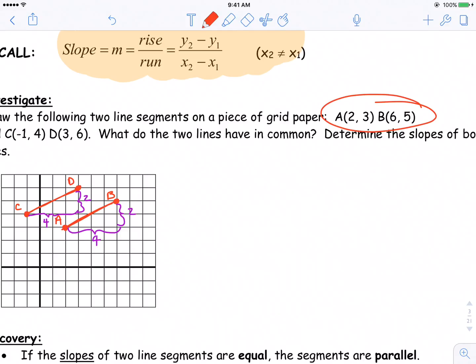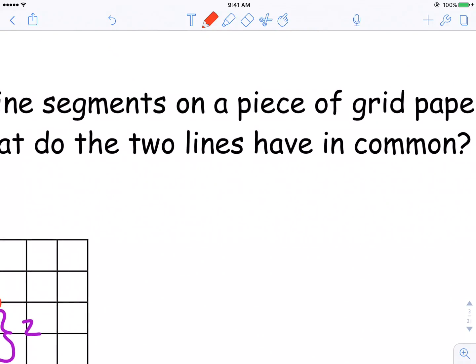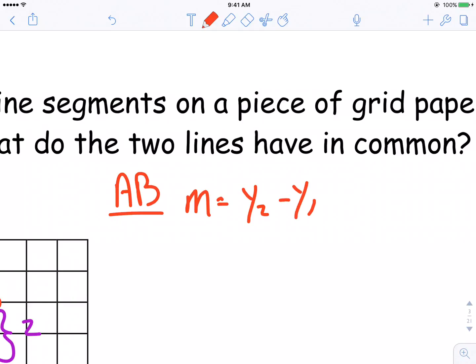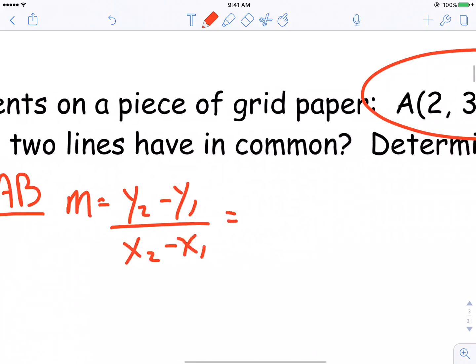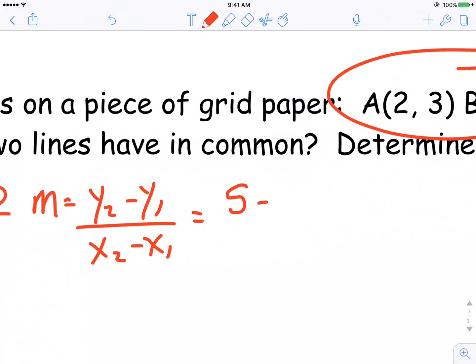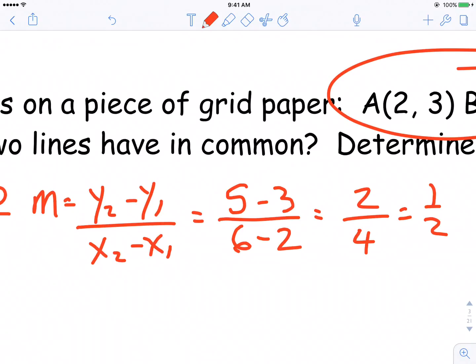To use our formula, we would say, if we're looking for the slope of AB, m is equal to y2 minus y1 over x2 minus x1, which is equal to 5 minus 3 over 6 minus 2, which is equal to 2 over 4, which reduces to 1/2.